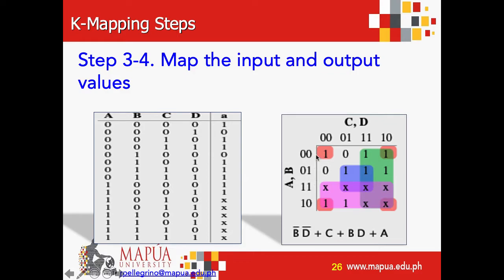From 0 0 to 0 1, there's only one bit changed, which is from 0 to 1. And the next transition will be 0 1 to 1 1. So 1 remains 1, however there's a transition from 0 to 1. And the next transition will also be only one bit changed, which is the B bit from 1 to 0.